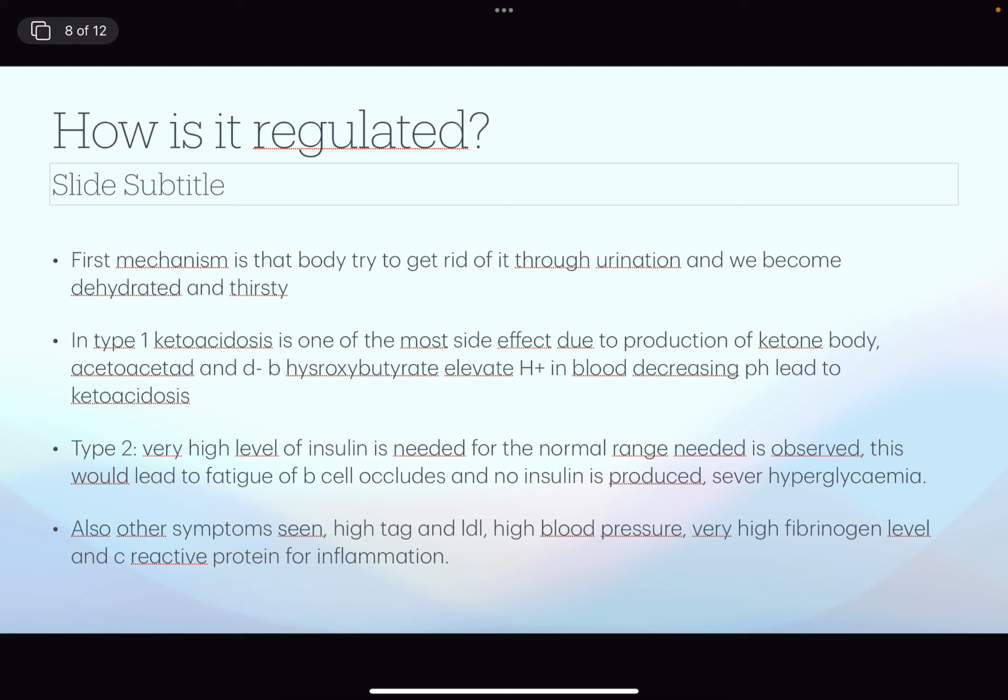So you're not eating a high amount of sugars, but your body is abusing the secretion of insulin. So you have very high insulin levels in the blood. And what would this do? It will lead to fatigue of these beta cells in the pancreas, and in the end, no insulin will be produced. And this will lead to severe hyperglycemia. So this is how you would distinguish between type 1 and type 2 diabetes.